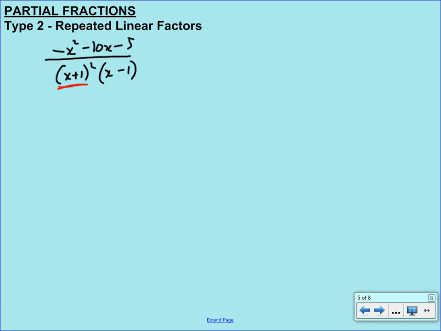No. If you work it out, what you'll get is that this is the same as a over x plus 1 plus b over x plus 1 squared plus c over x minus 1. So you have to, every time, start from the order 1, 2 until you get to it. So if it's x plus 1 to the power 4, I'll have a over x plus 1 plus b over x plus 1 all squared plus c over x plus 1 all cubed plus d over x plus 1 all to the power 4. Okay?